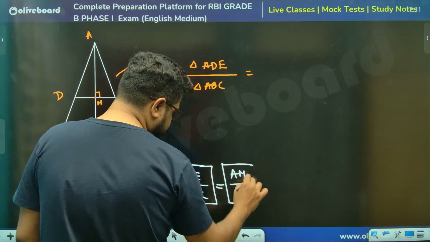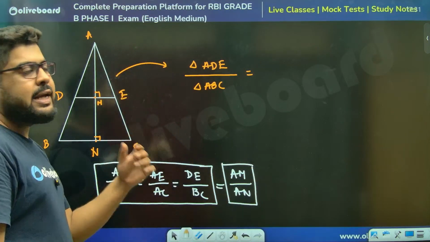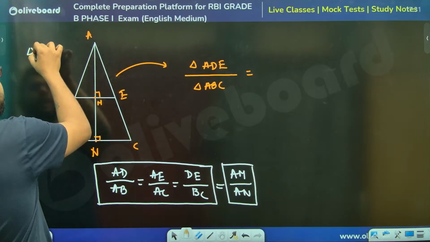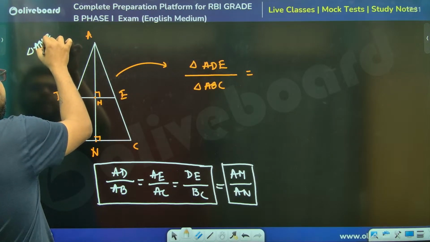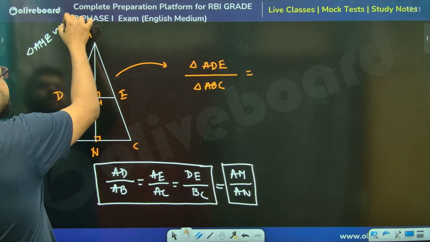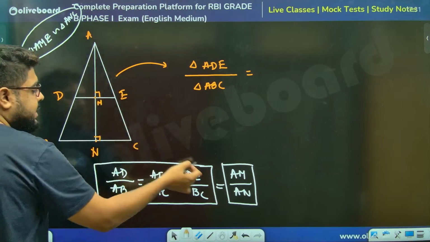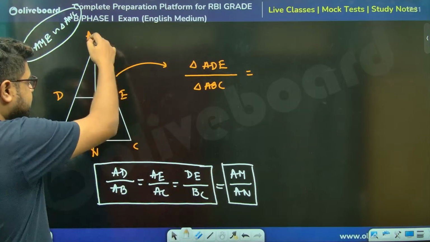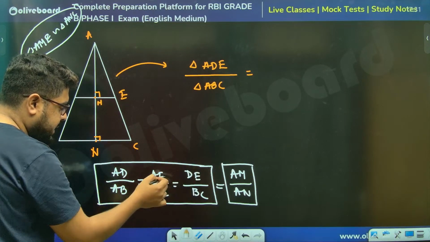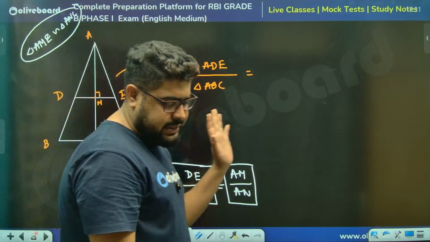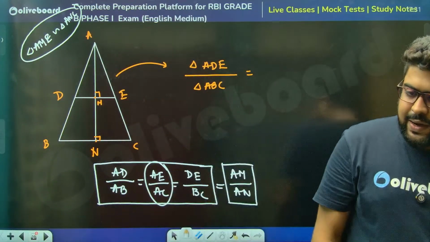For that, you should take triangle AME, which is similar to triangle ANC. From there, you will get this conclusion. And you can equate because AE by AC will be common. This you can definitely conclude.